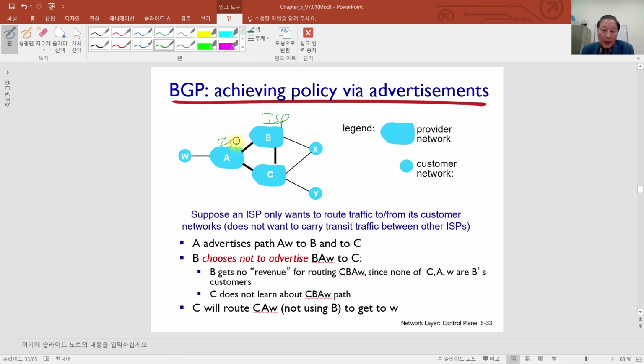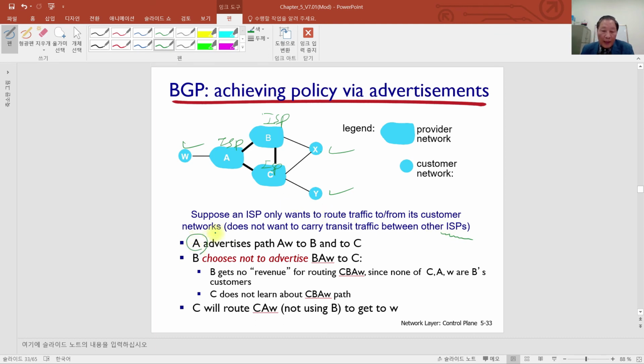Another ISP, another ISP, and they have customer networks. Suppose an ISP only wants to route traffic to and from its customer networks, and does not want to carry transit traffic between other ISPs.